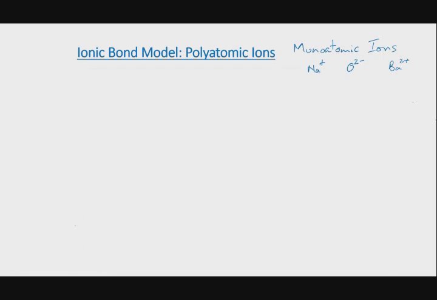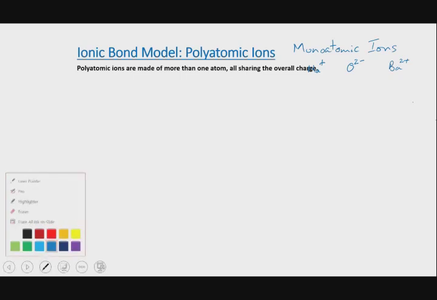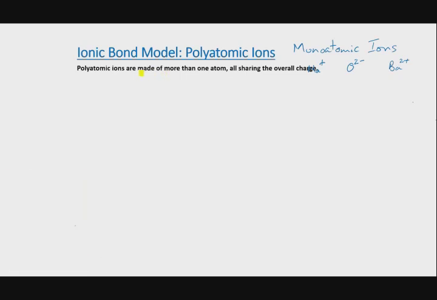whether they are cations or anions. Polyatomic ions, on the other hand, are ions that are made from a combination of several atoms, more than one atom, such that that entire piece works as one unit, sharing that overall charge.